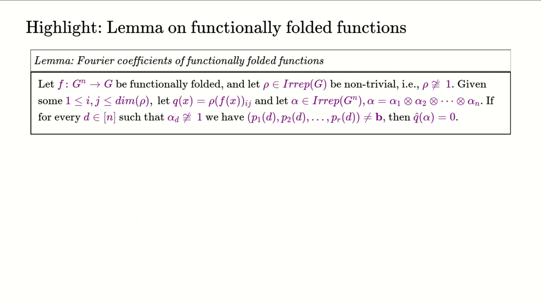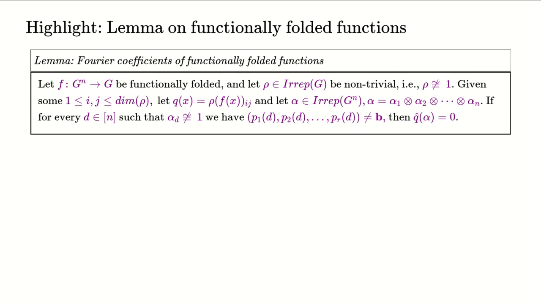Let us now discuss one of important lemmas which gives us useful information about the Fourier coefficients of functionally folded functions. In particular, the statement of the lemma reads as follows. Let f be a mapping from G to the power of n into G that is functionally folded, and let irreducible representation ρ be non-trivial, that is, ρ is not isomorphic to a constant 1 representation.